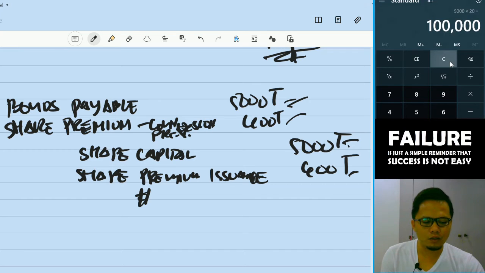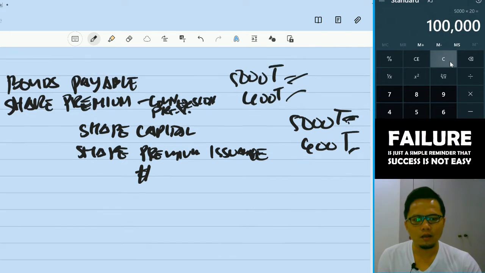Okay, pure reclassification. However, if the carrying amount of the bond is higher than the share capital, obviously much higher pa itong share premium on issuance natin.